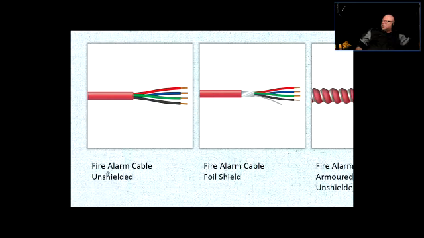Sometimes you can just install regular fire alarm cable, and fire alarm cable is in the FT6 configuration, and FT6 is the jacketing.